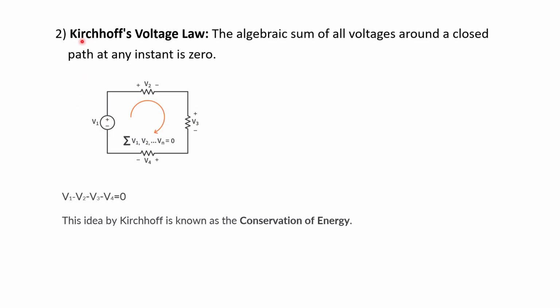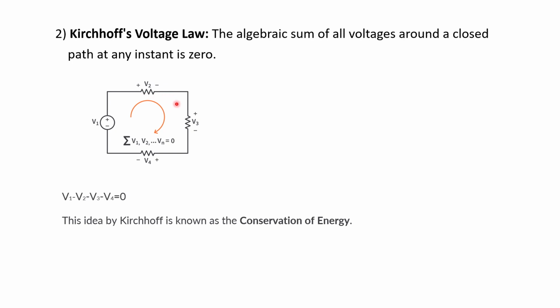Now come to Kirchhoff's second law, that is known as Kirchhoff's voltage law. It states that the algebraic sum of all the voltages around a closed path at any instant is 0. So if you see a circuit in which there is a source voltage V1 and there are some elements having voltage V2, V3 and V4.